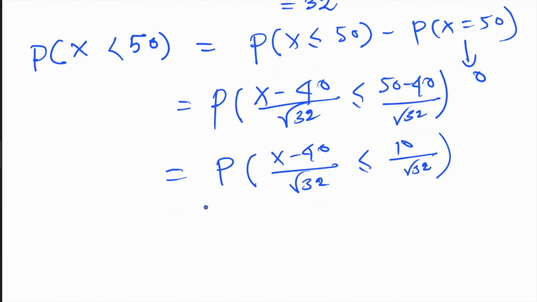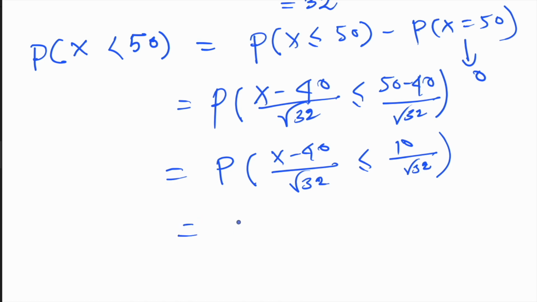So this is phi, since this is a standard normal distribution, z less than, okay, this is phi at 1.7678.